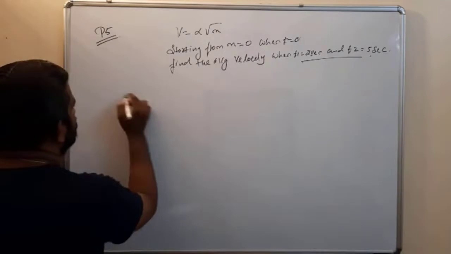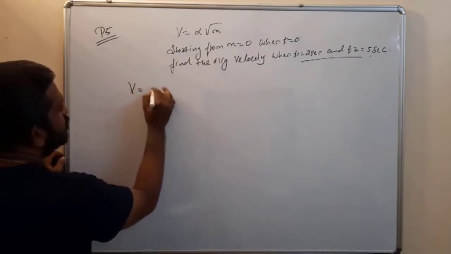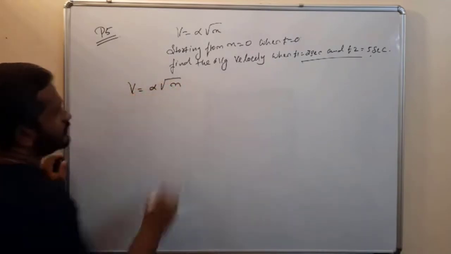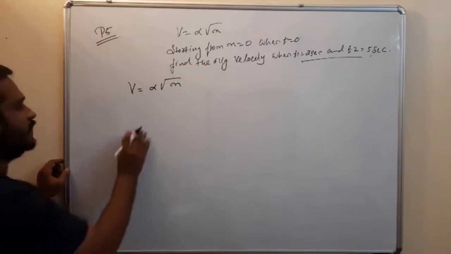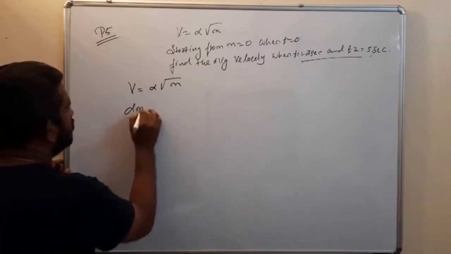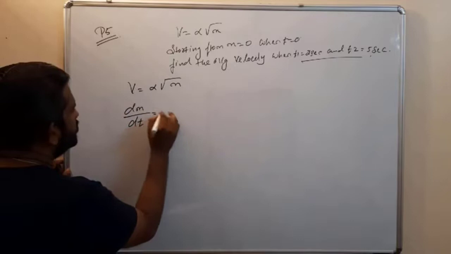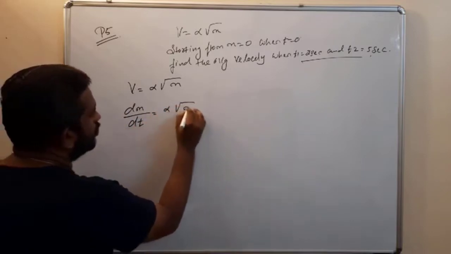So first, v is equal to alpha root x. First step, that is dx by dt is equal to alpha root x.